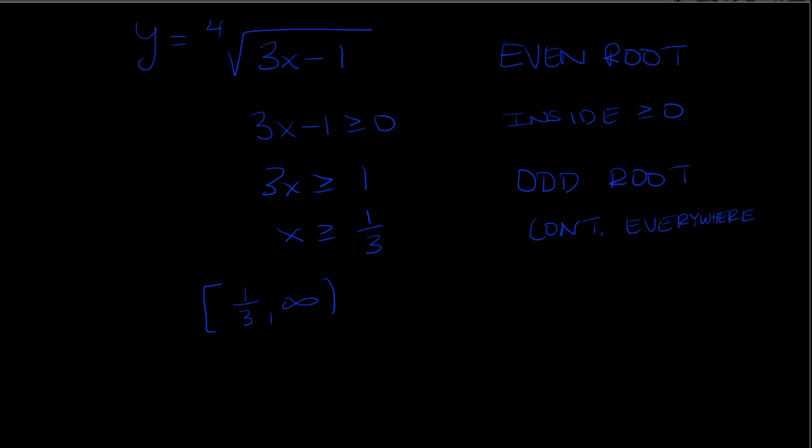Okay. Next we're going to be looking at a cube root. So I have y equals (2x minus 1) to the 1/3. So this is the cube root, and we know we could take the cube root of a negative. So in general, the cube root looks something like this.